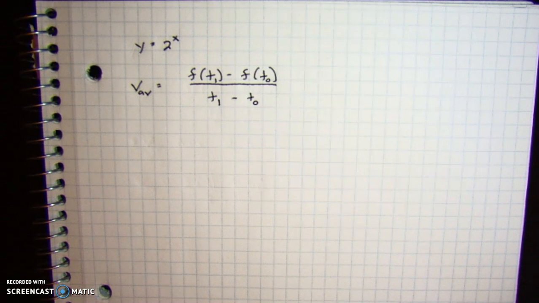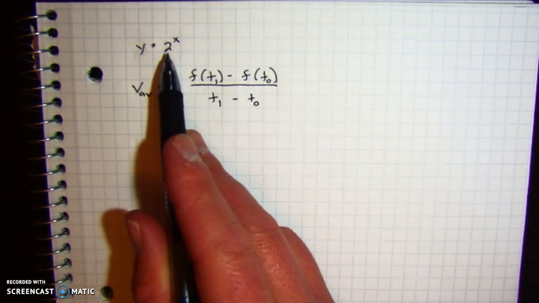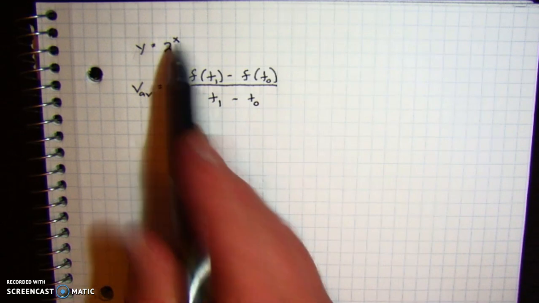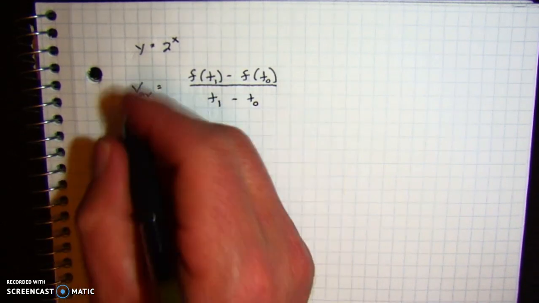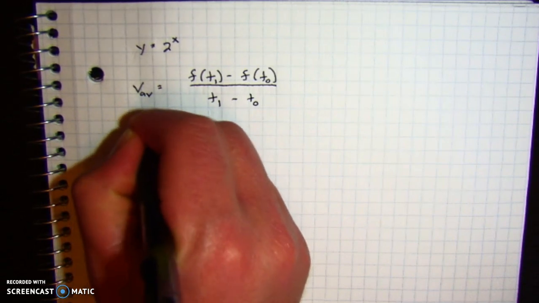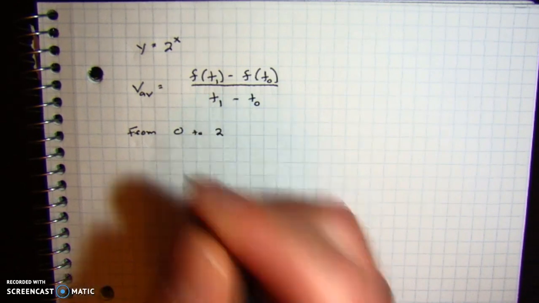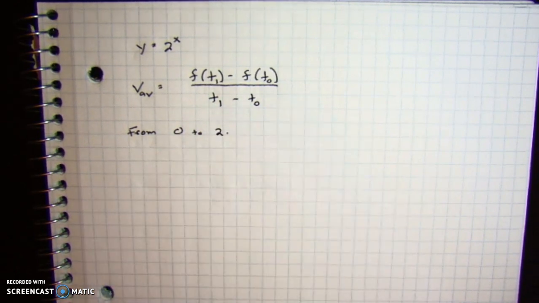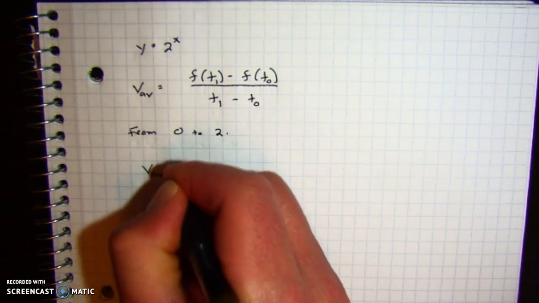That's just, it doesn't have to be those units, but it gives you an idea of what we're doing when we talk velocity. So let's plug this average velocity equation into the equation that we have, 2 to the power of x. So let's go from 0 to 2. So let's say we want to find the average velocity from 0 to 2. Well, we've got our v average.